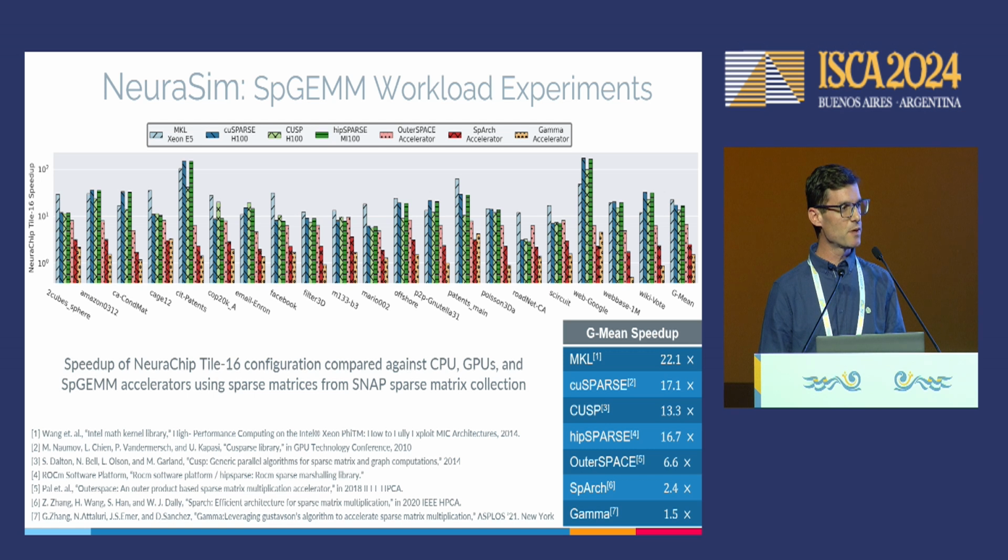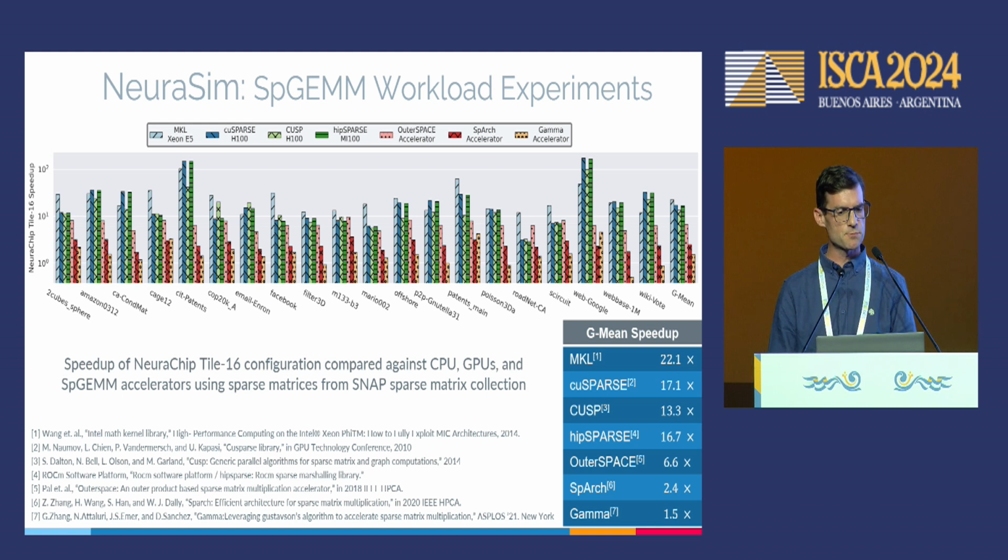Then regarding experimental results, besides the NeuraChip idea and design, we have also developed a new simulator, NeuraSim. NeuraSim has been open sourced. There is a link in the last slide where you can download it and work with it. And we have two sets of experiments in order to test the improvement of our NeuraChip design with regard to the state of the art.